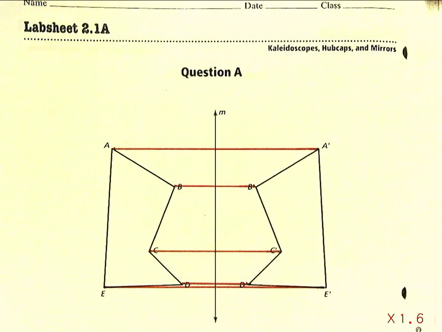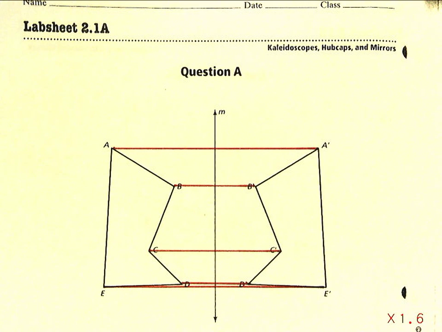So what I now have is lines connecting all of those points. It creates kind of an interesting looking image, but that's what we want to do in each of these cases. Now, that was for A1. We just completed part A1.